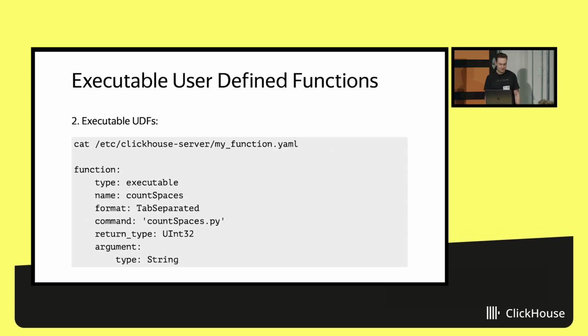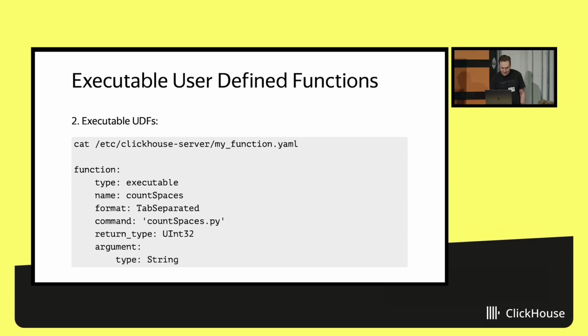I have to provide the configuration, a specification of this function. It can be in a specific configuration file that will be loaded at runtime, and it looks like this. I specify the type. Here the type is executable, the name of the function, the format that will be used for input and output, the command to run, the return type, and the types of arguments.